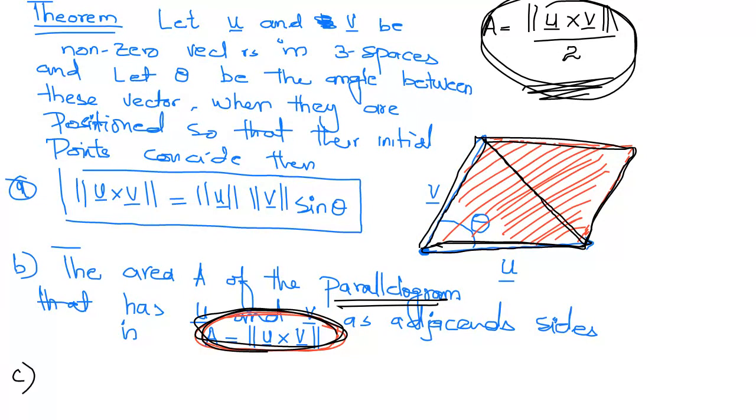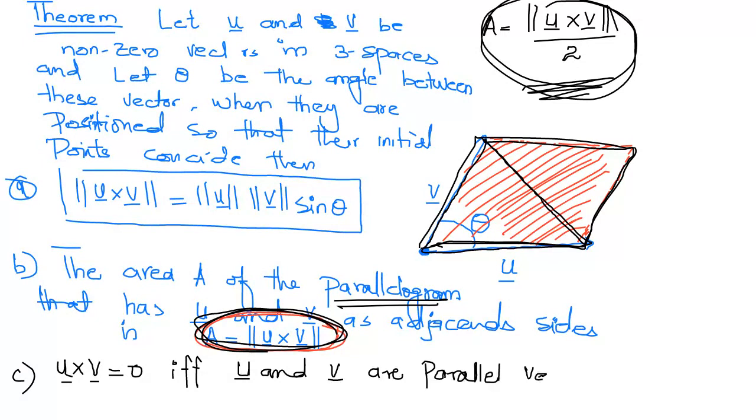Now the third one is C. The third one says that the cross product of two vectors is equal to 0 if and only if u and v are parallel vectors, or you can say if and only if they are scalar multiples of each other.